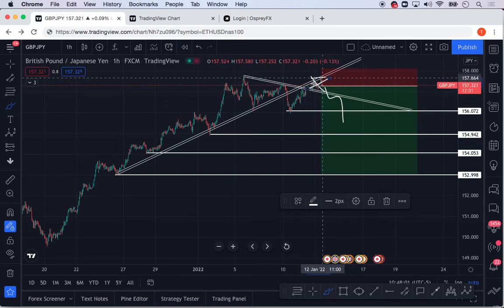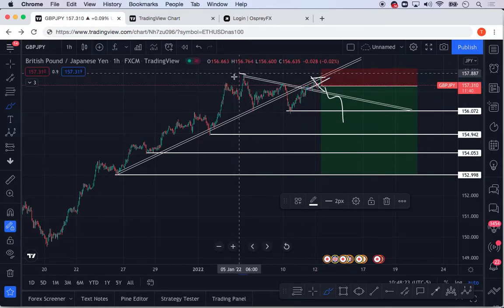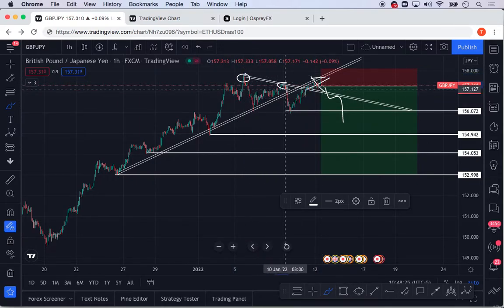That was not a real move. That move happened to bait people in, to knock people out of their sells before the actual banks and all those other people who know what's about to happen are given an opportunity to get those entries from up here. Because they understand that this is a resistance area.